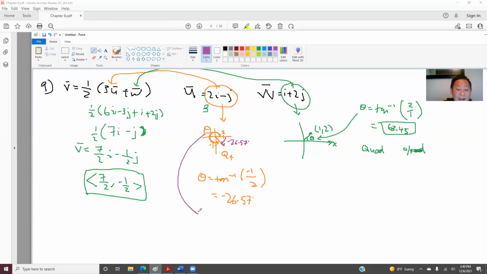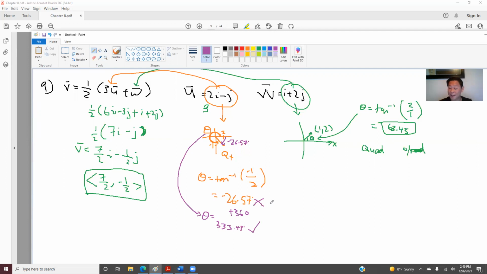So in order to find theta in this case, you have to add 360 to it. When you add 360, your answer will be 333.43 degrees. So this is the correct one, and this is the wrong one.